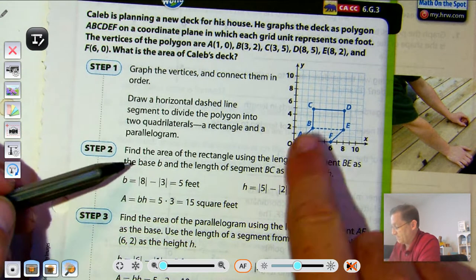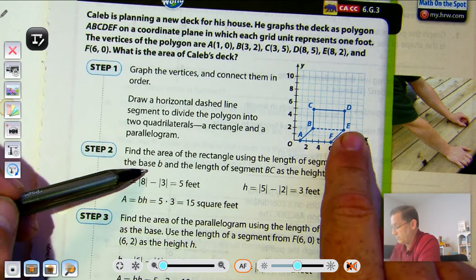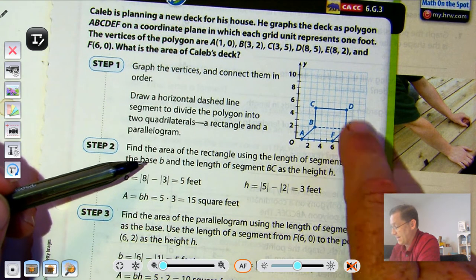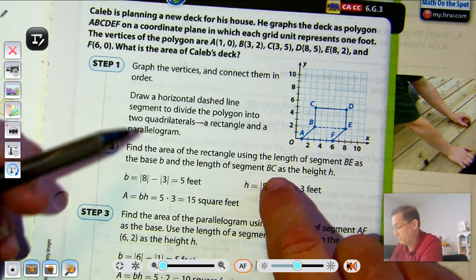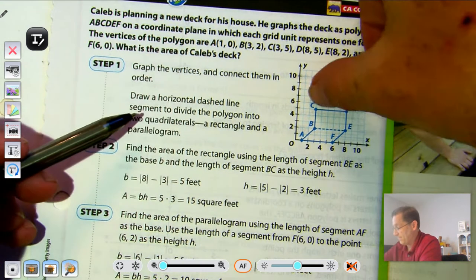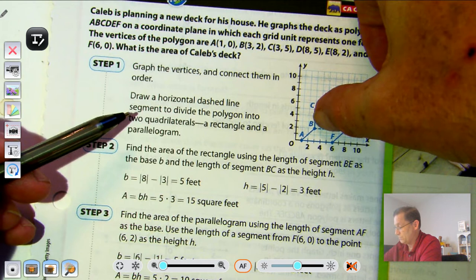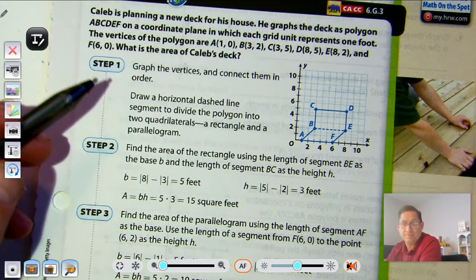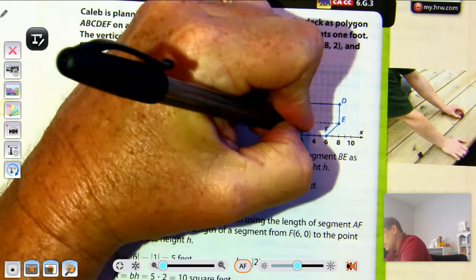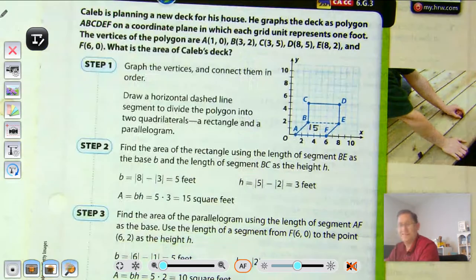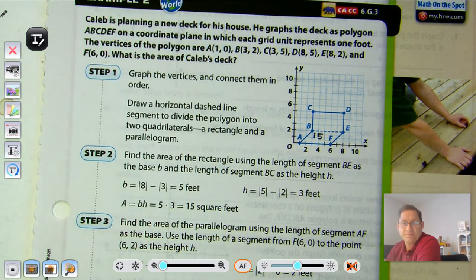So the base of B to E would be 8 minus 3. We're in the same quadrant. So 8 minus 3 would be 5 feet. And 5 take away 2 would give us 3 feet for BC. Well, 5 times 3, 15 square feet. So the rectangle is 15 square feet.